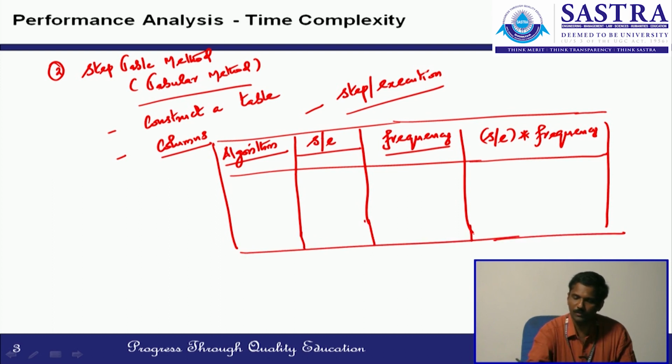In the first column, write the complete algorithm. Second column, specify step per execution. Third one is frequency, and the next one is the product of these two columns, S by E and frequency. Second column, write step per execution.